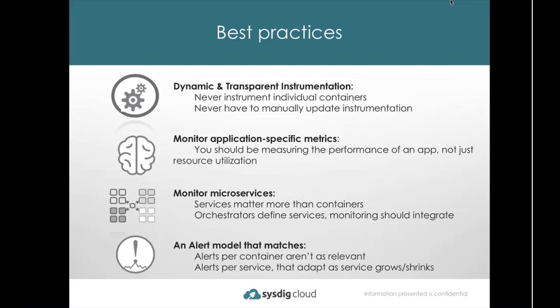You should be able to monitor microservices, aggregate the data across many, many containers into a service, and be able to establish the performance of services. And you should have an alert model that matches. Alerts per container aren't relevant, and alerts per service that adapt make the most sense.